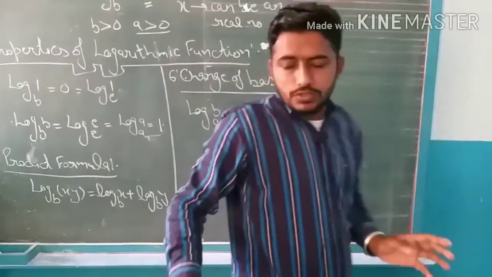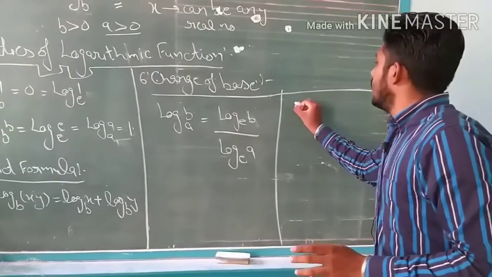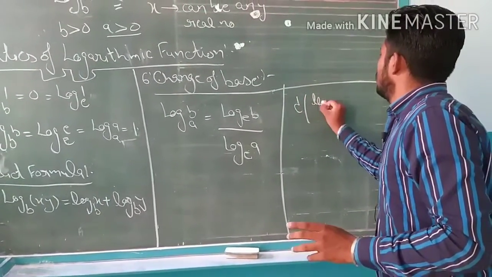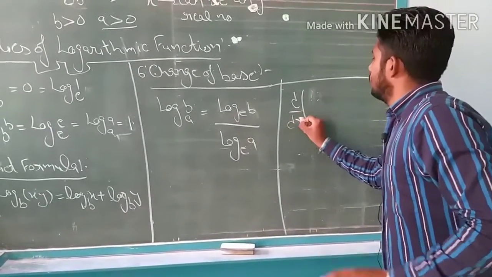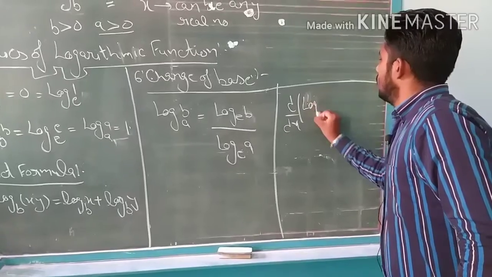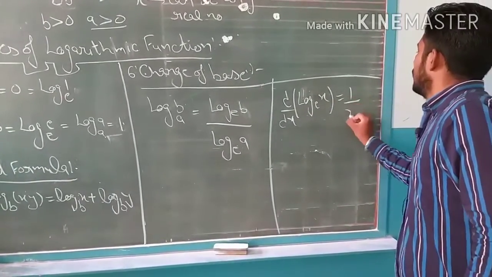Now how is it useful, students? Look at this one. All of you know that the derivative of log x with base e is always equal to 1 by x.